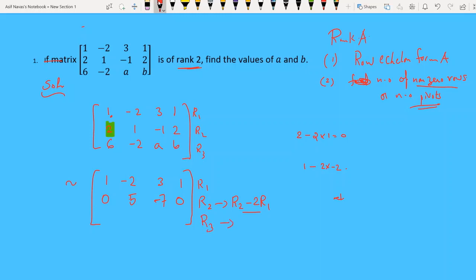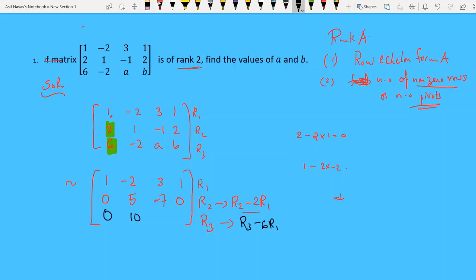Now we want to make this element 0, right? So what is the row operation? R3 changes to R3 minus 6R1. So this becomes 0. Then what will be the element here? 10. Now what happened here?